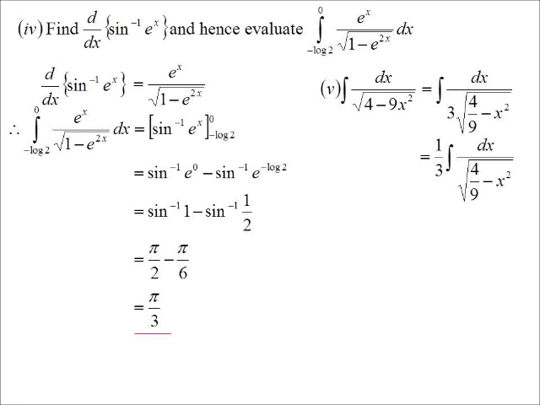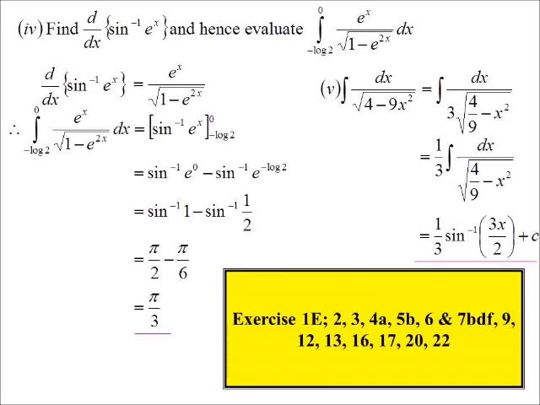Well, I can bring the third out the front, and now I've got it in the form the square root of a squared minus x squared. A in this case would be 2/3. So we get 1/3, the inverse sine of x on A. A was 2/3, invert, multiply, we get 3 on 2.